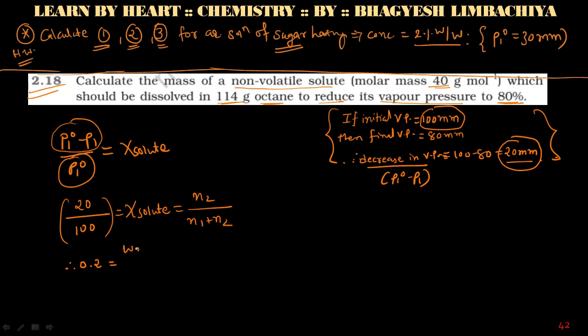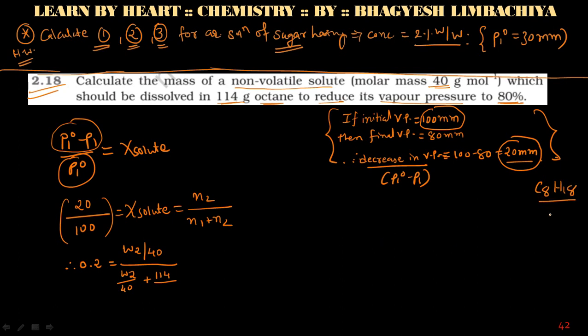N2 is W2 by molar mass, which is 40. Again W2 by 40. And here 114 gram octane. Students, octane का molecular mass के पहले तो formula क्या है? C8H18, right?